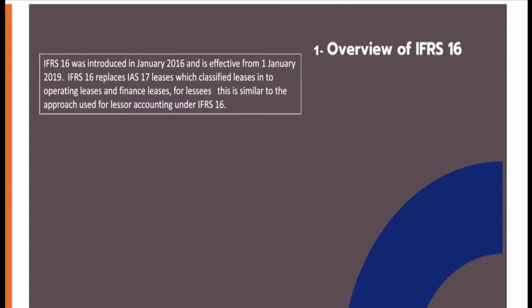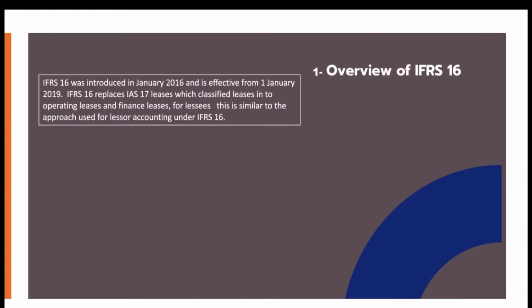Companies could apply IFRS 16 before 2019 voluntarily. Since 2019, this standard has been mandatory for all companies who have lease contracts to review their leases and apply this standard.